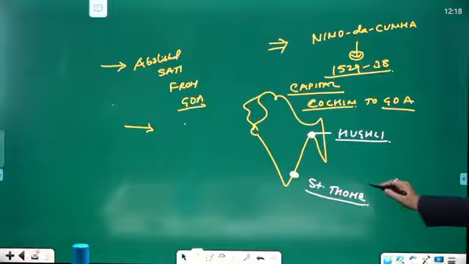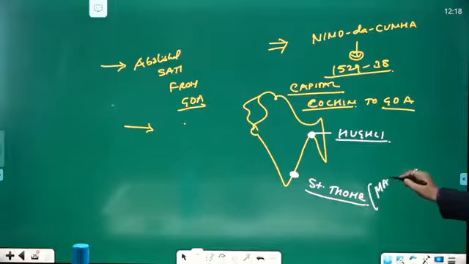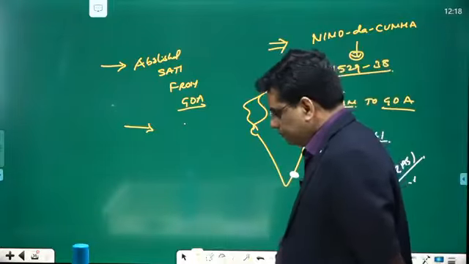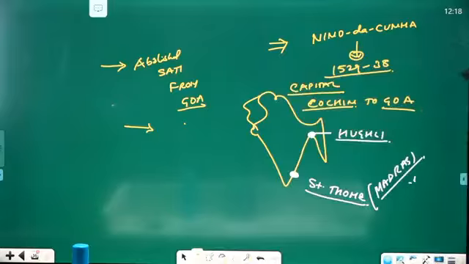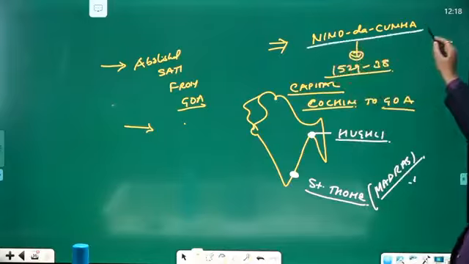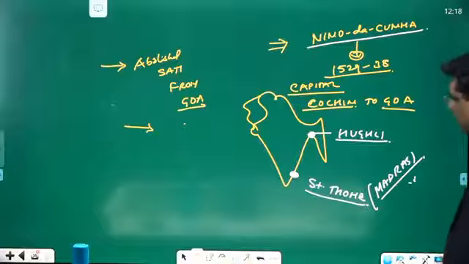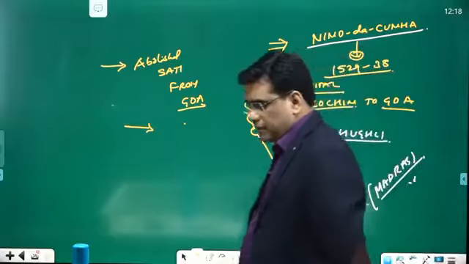Sandthorn is near Madras. So these two settlements were very big settlements.